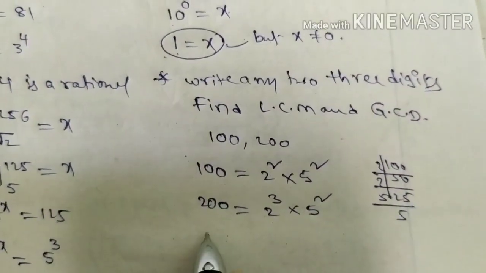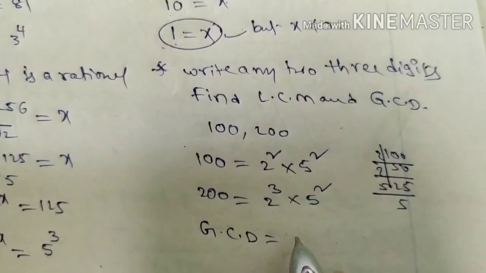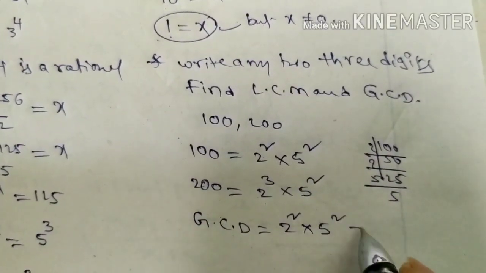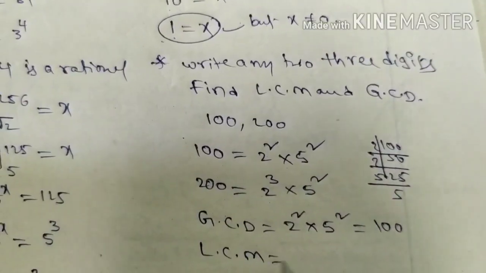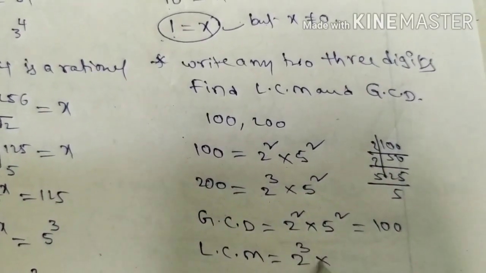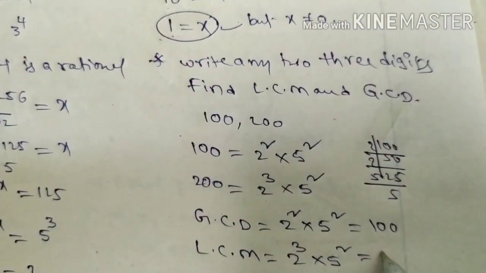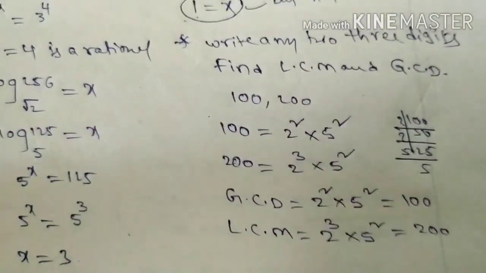So what is the HCF or GCD? Common prime numbers with their least powers: 2 square, 5 square. You will get 100. LCM: all the prime numbers with their greatest powers. So this is 200. So that is LCM and HCF of two 3-digit numbers.